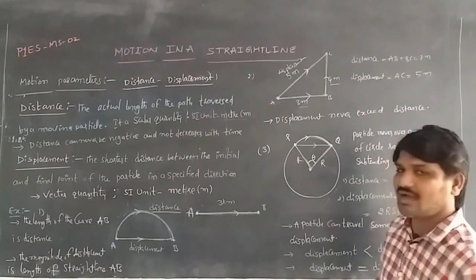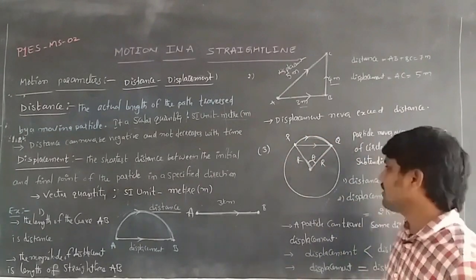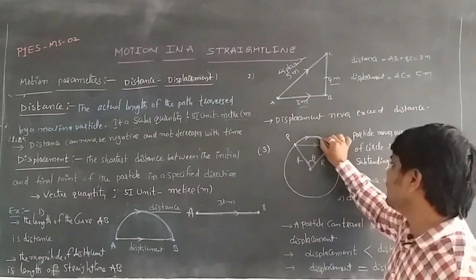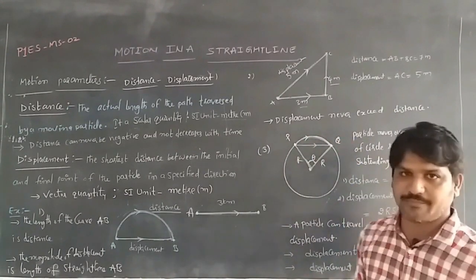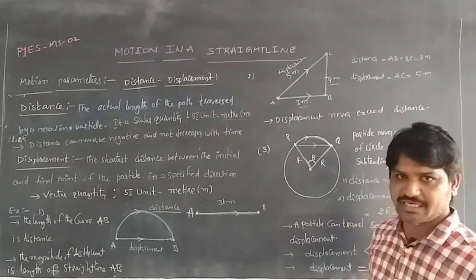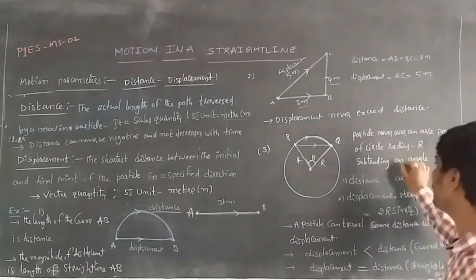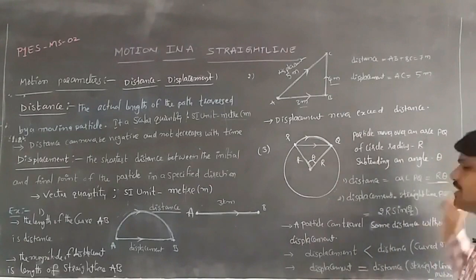Theta is the subtended angle. Then the total distance traveled will be r into theta. Distance will be r theta.